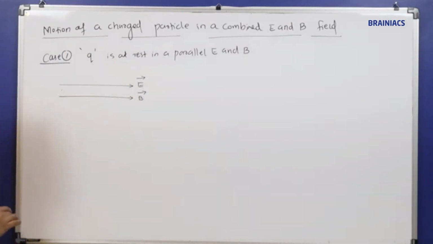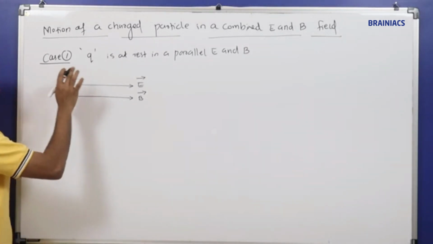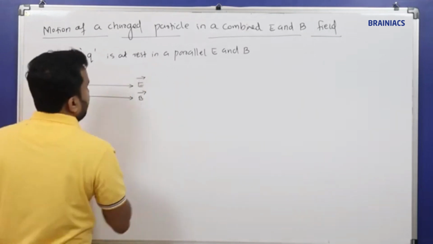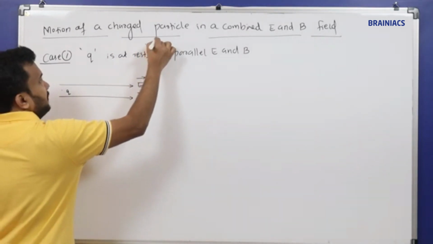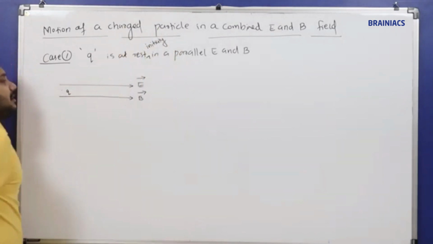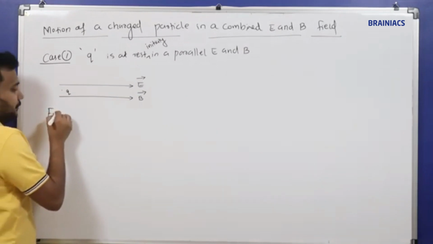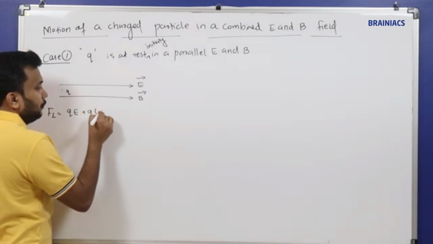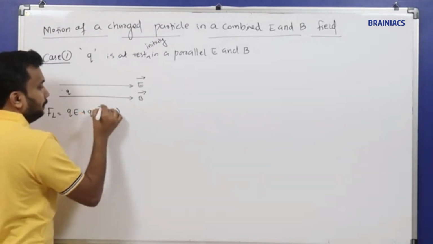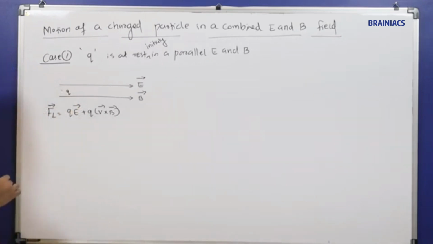Initially the charge Q is at rest in a parallel electric and magnetic field. According to Lorentz force, F_L equals qE plus q v cross B: electrical force plus magnetic force equals total force.